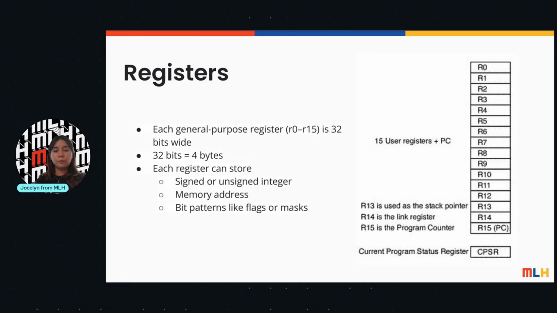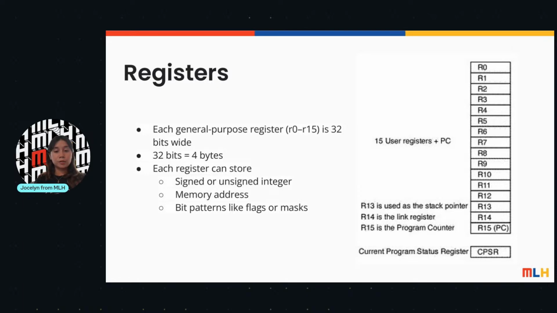Great. So for now, you should understand that registers are spaces in memory to store either integers, memory addresses, or flags. And in ARM v7, the size of each register is 32 bits.